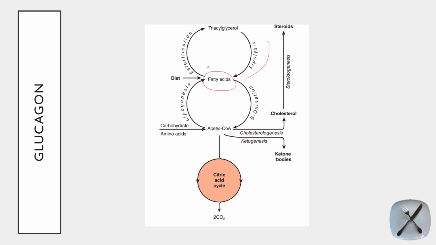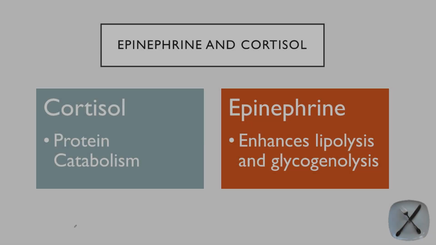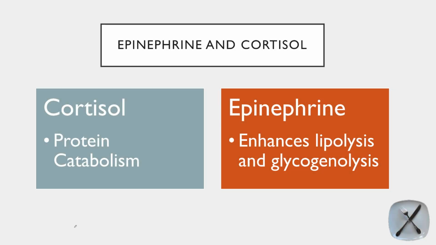What we'll see later is that these free fatty acids are used by several different tissue types in the fasted state through a process of beta oxidation, which allows us to generate acetyl-CoA as well as ATP for energy. And finally, both epinephrine and cortisol are also elevated in the fasted state.